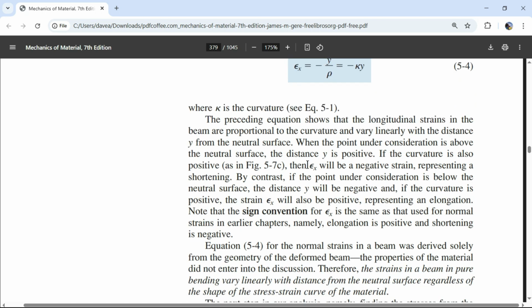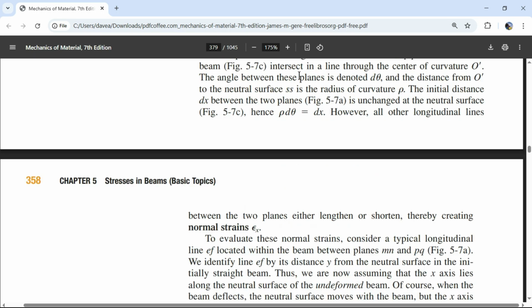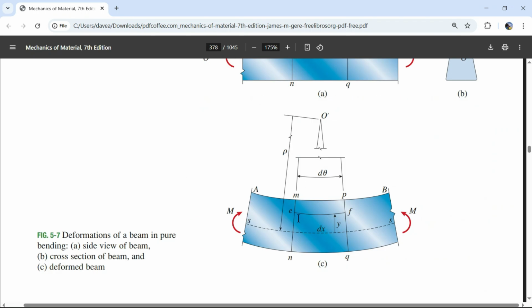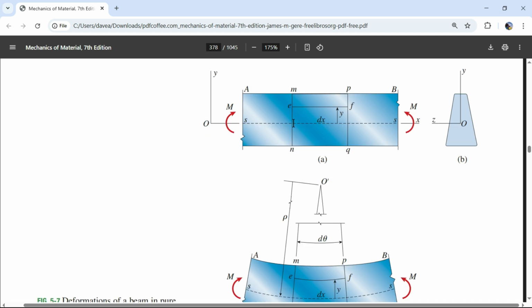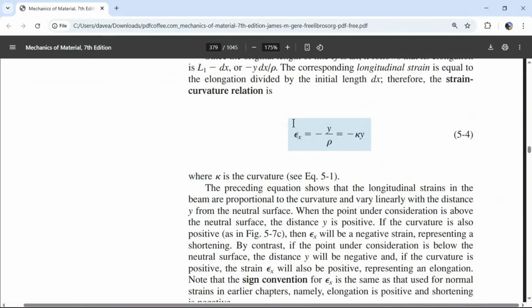Cool. And then this little x says that if this is the x direction and this is the y direction, our cross sections are at some value of x. So we're going to say at some value of x, I want to go up into the y direction, and I want to find the strain at that point. I think that's good to go over.